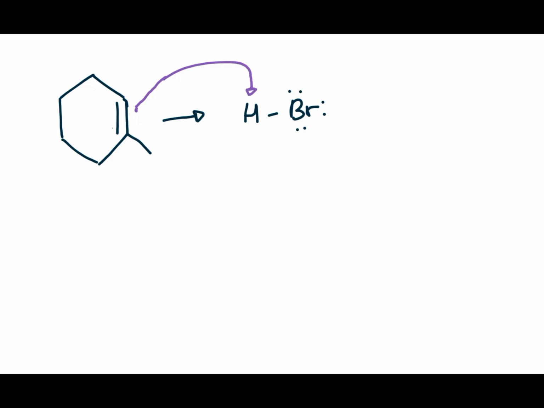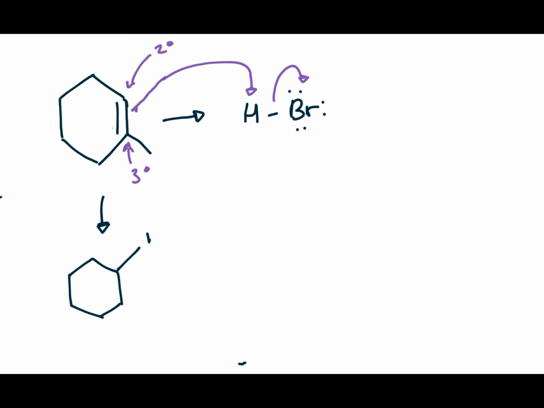Okay, so now would be a good time to take a moment and see if you can figure out to which carbon the hydrogen will go to. And before we even do that, I forgot to draw in the bond breaking between the hydrogen and the bromine. Okay, so now we can draw the intermediate, and hopefully you were able to figure out that the hydrogen will go to the less substituted carbon, which is the secondary carbon right here.